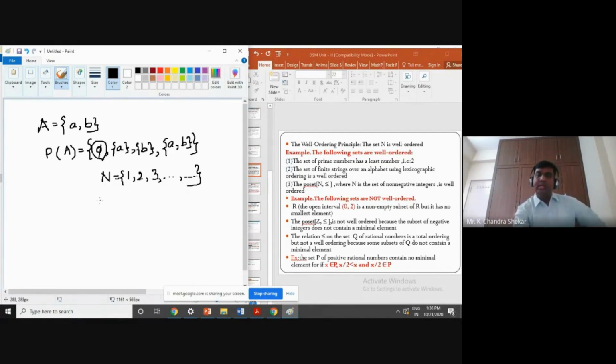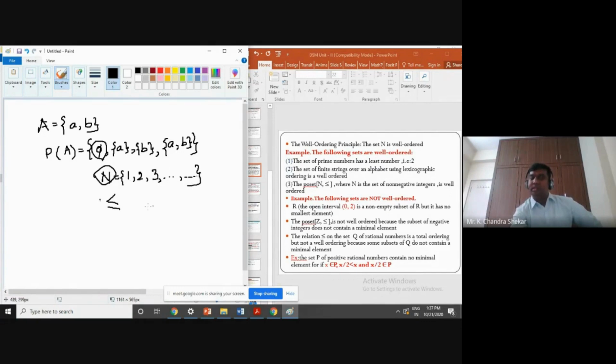Now he is asking with respect to n comma less than or equal to. Is it well ordered or not? To have a well ordered set, what is the minimum element of non-negative integers? The minimum element is 1, and it is contained in the set, where 1 is less than or equal to 2, 1 is less than or equal to 3, and so on.